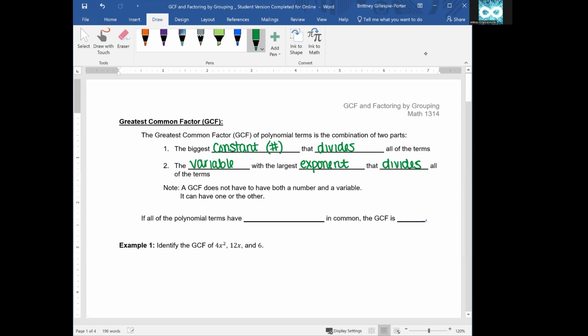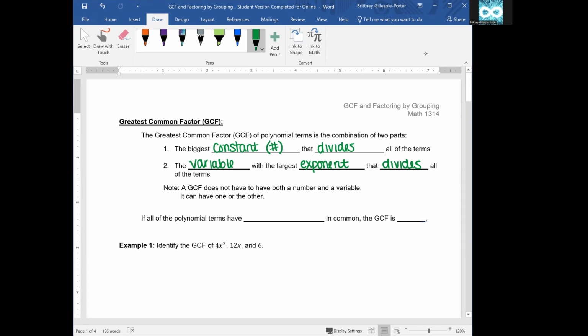Now, I say that there's two parts to a GCF. Those are two parts for which we need to check. It doesn't mean that they both exist. You could have a GCF that's just a number or a constant, and then you could have a GCF that's just a variable, which is your letters, or you could have a combination of the two.